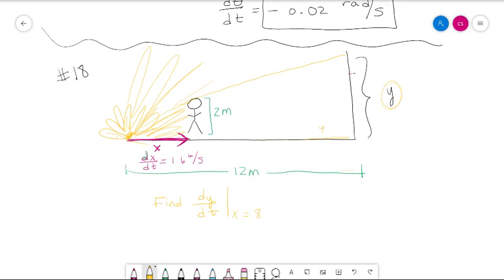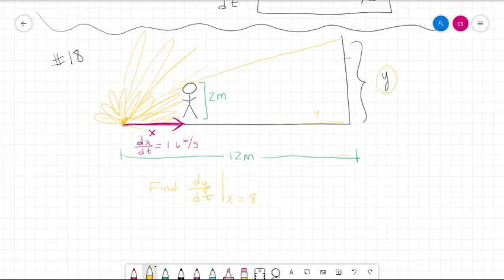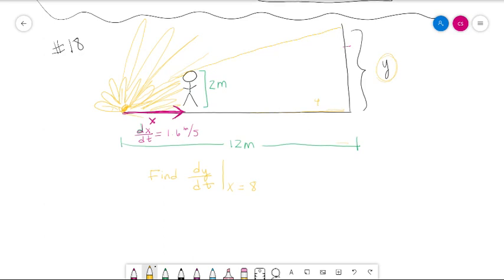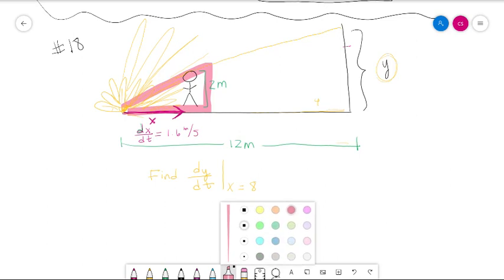So we're going to be looking when x is equal to 8. Okay. So how are we going to solve this? Well, if we look at this picture, we have 2 triangles, right? We have this first triangle, and then we have this second triangle.